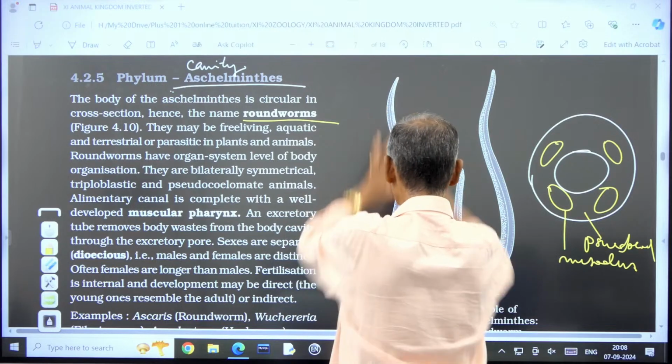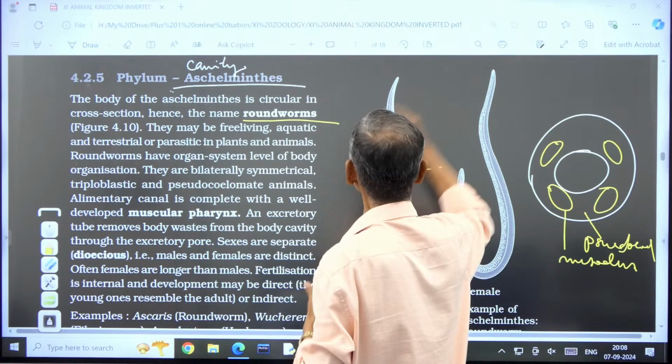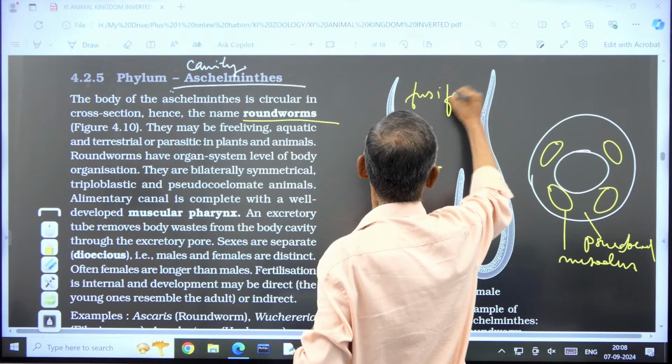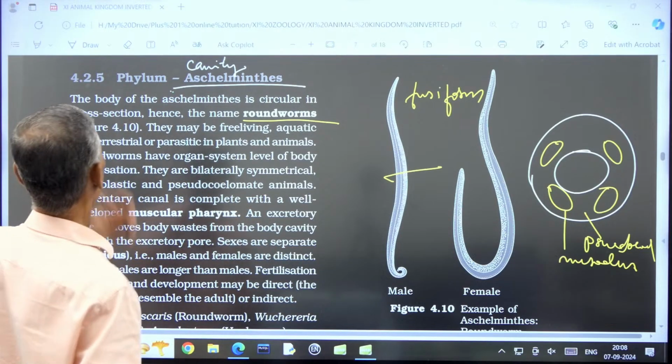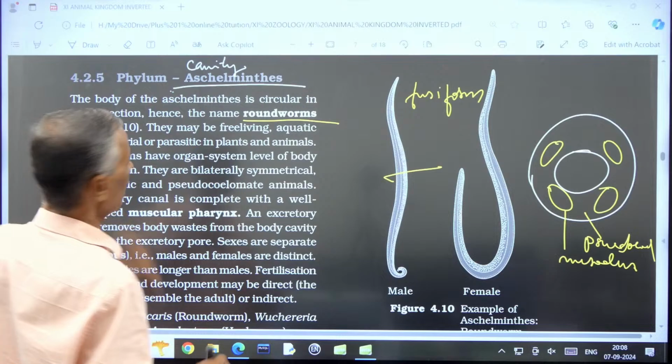Not the animal is round like, the animal is actually elongated, fusiform. Or they may be having a spindle shape.